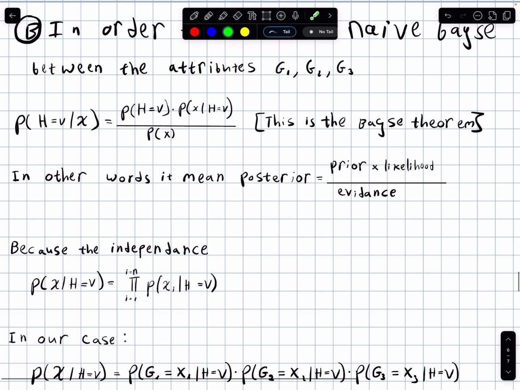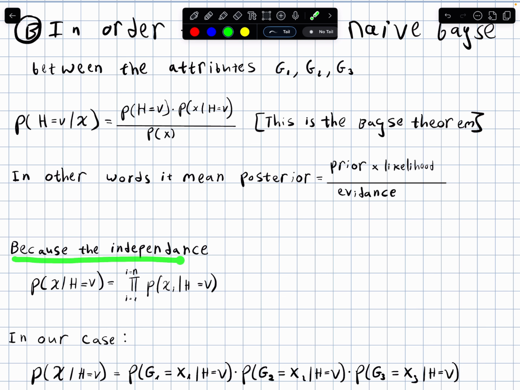In other words, the posterior probability equals the prior probability, times the likelihood that this event actually occurs, divided by the evidence, the amount of vectors we have with this formula.